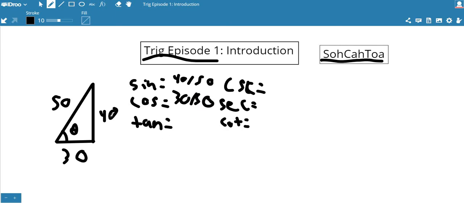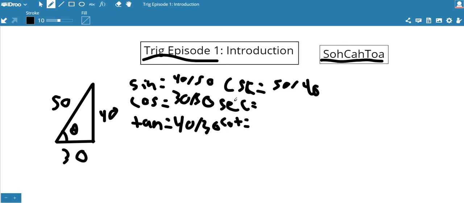And then tangent is opposite over adjacent, so it is 40 over 30. Cosecant is the opposite of sine, so then it is 50 over 40.